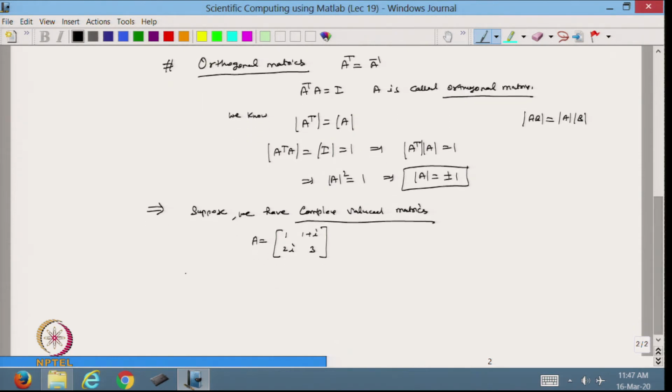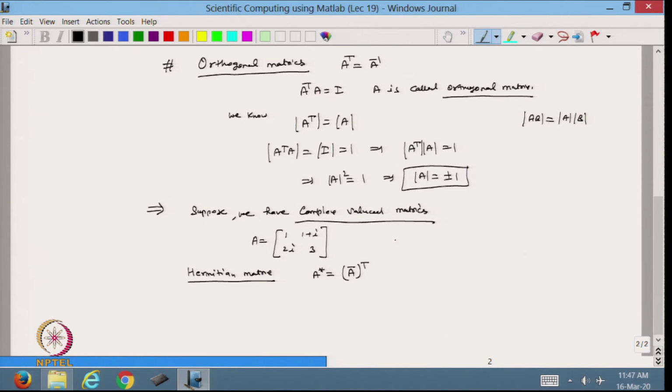So, in this case if I want to define the symmetric matrix, there is a condition for the Hermitian matrix. Hermitian means in this case I will define A star. A star will be A conjugate transpose.